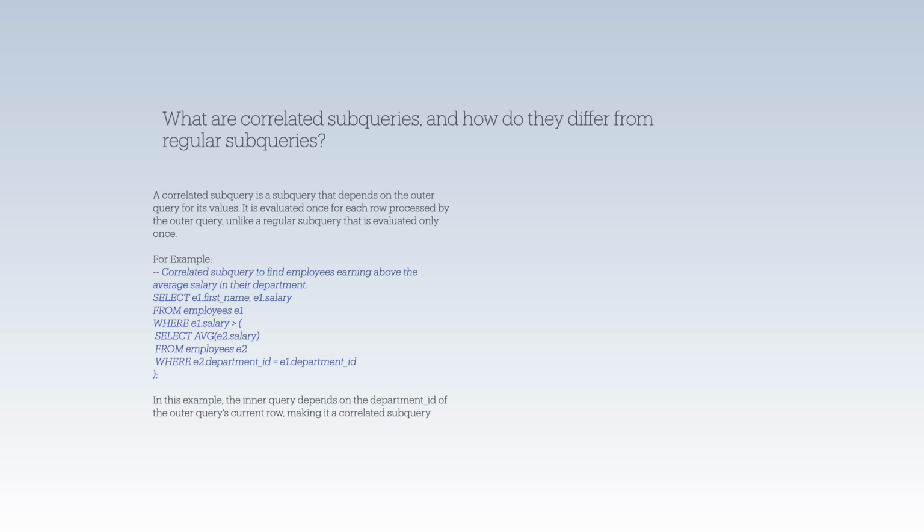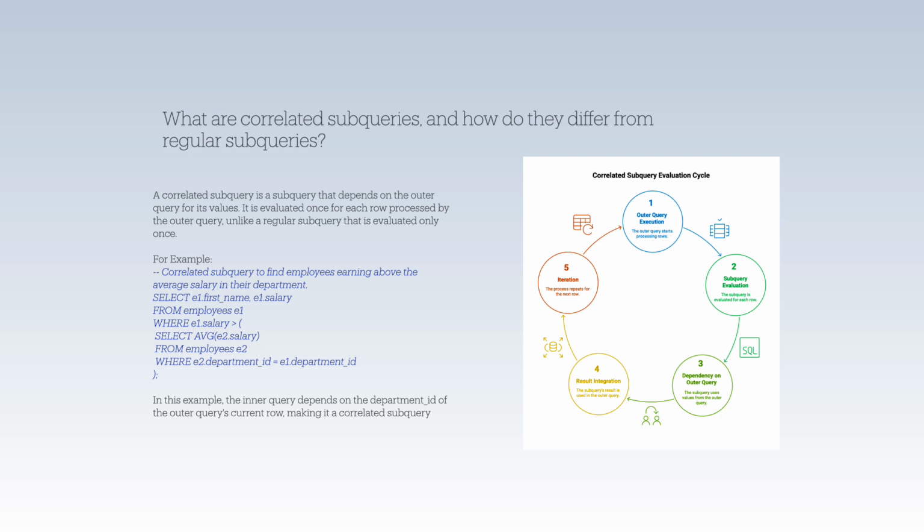Here is an example of a correlated subquery on the employees and departments tables. In this, the inner query depends on the department ID of the outer select query, so it becomes a correlated subquery. Here are the steps involved in execution of a correlated subquery.